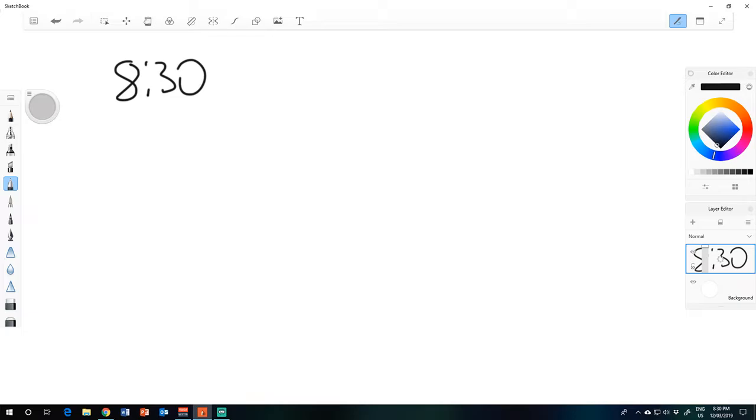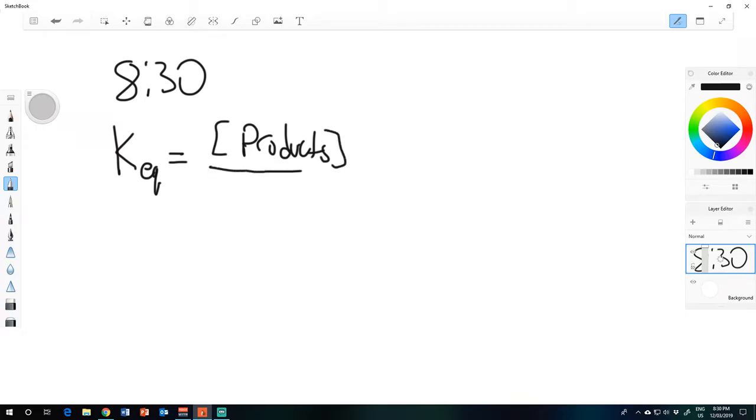Anyways, so to start with, I'm going to go back to talking about how we calculate KEQ as the concentration of products over reactants. This was something we talked about in the last unit.